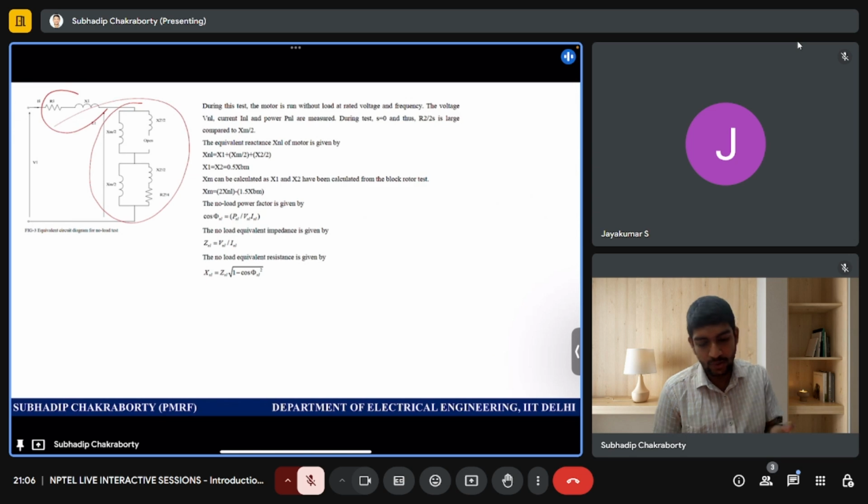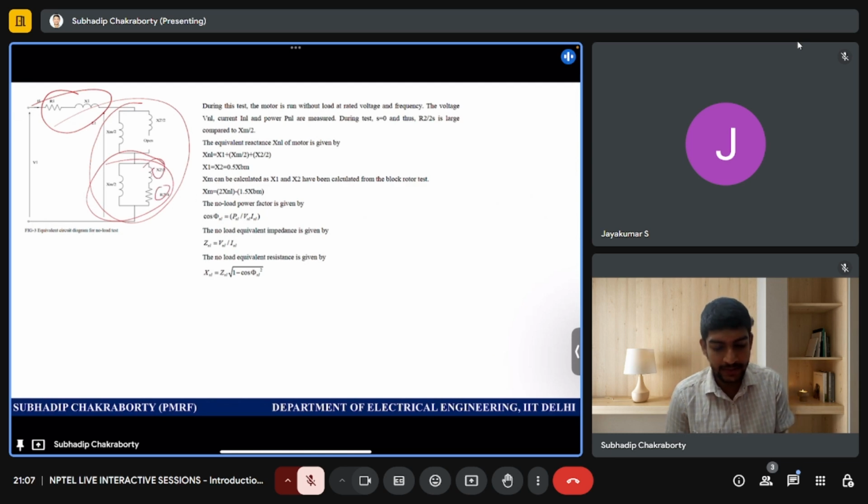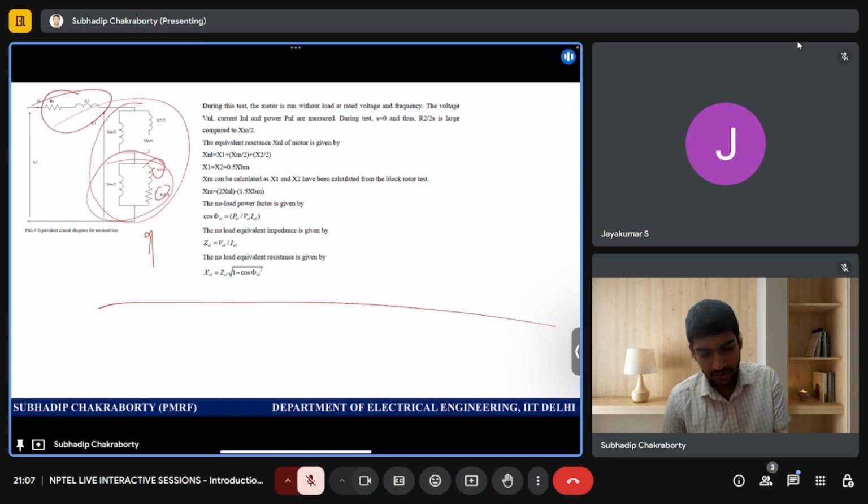And the rotor parameters you will always determine from the block rotor test, right? You already know the X2 and R2 values from the block rotor test. You can plug those in and do the no load test for calculating XM.